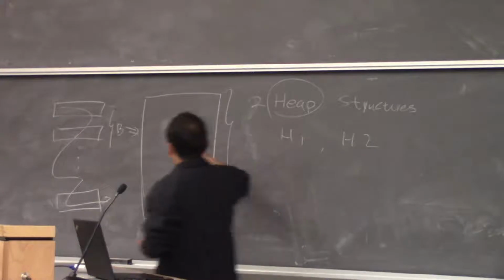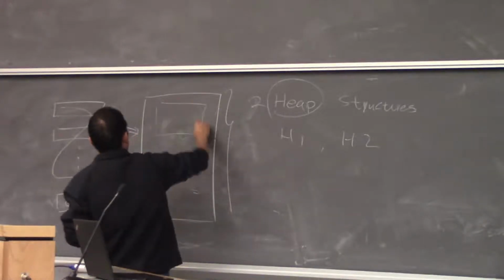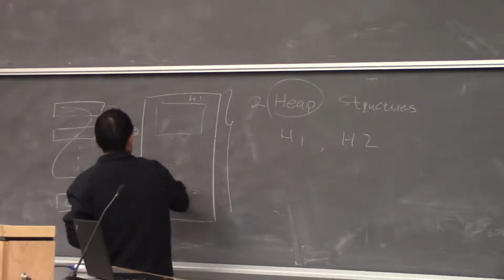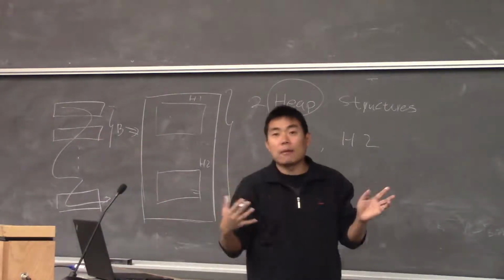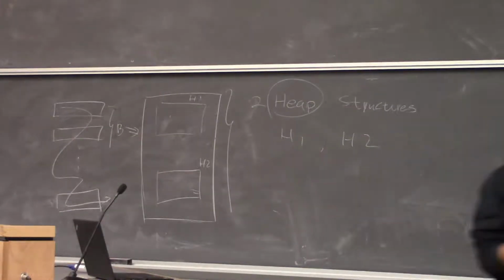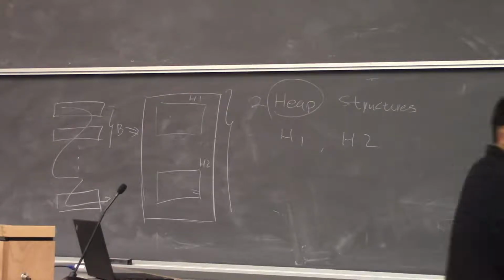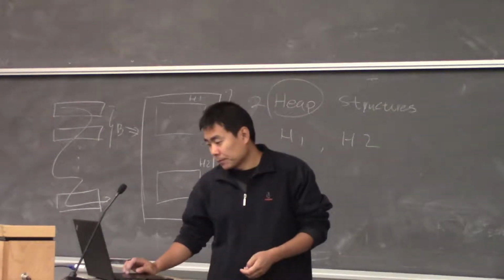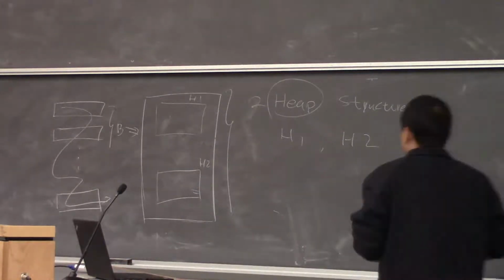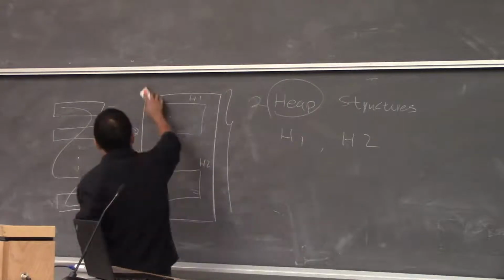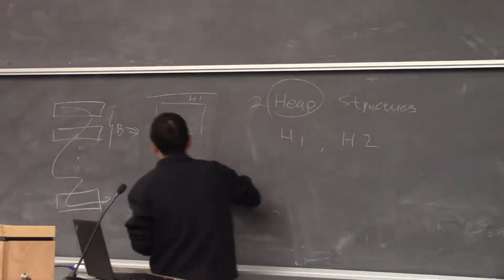Partition them into H1 and H2. So it looks like this. H1 here, and H2 here. Initially, both of them are empty. What I will do is I will have one input buffer and one output buffer.